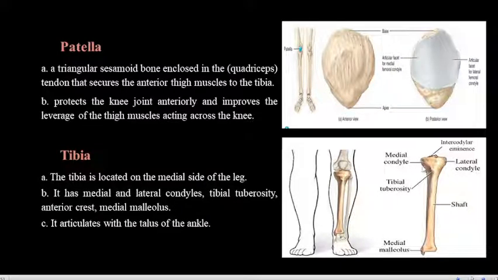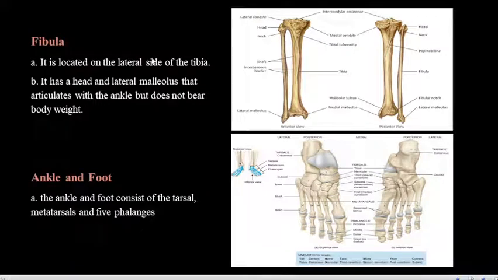Yan, meron siyang medial condyle, lateral condyle, tibial tuberosity, and then the shaft, the medial malleolus. So baka kasali din yan sa selection. So you just familiarize. Okay, so tibia, the middle part, yung nasa gitna, no? And then the bone at the sides is what you call the fibula. Medyo mas manipis siya. And ang main function niya is connection to the ankles.